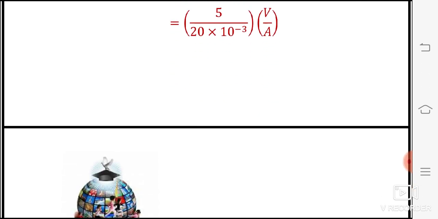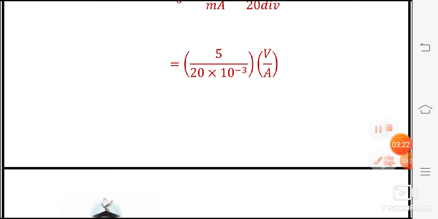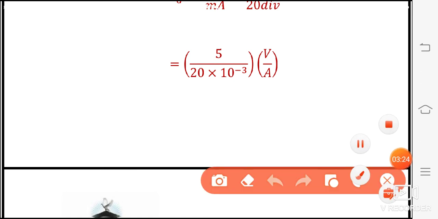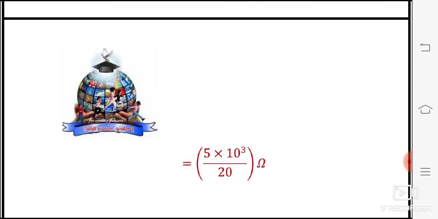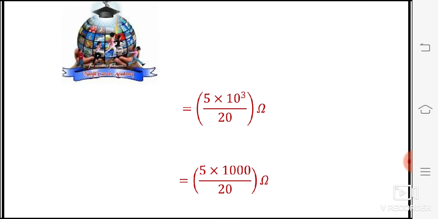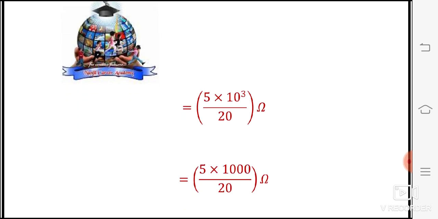So the 10 power minus 3 can go to the numerator. So 5 into 10 power 3 divided by 20 ohm. 10 power 3 is 1000.